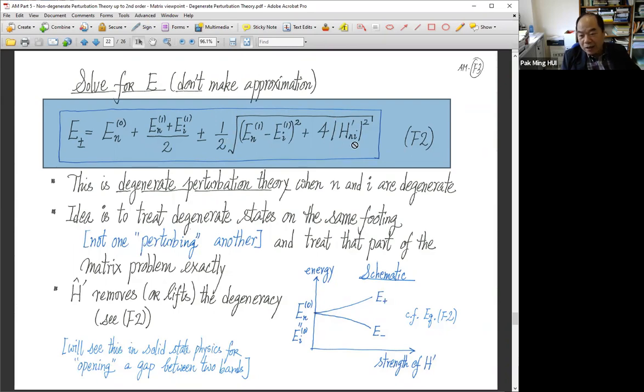Up to here, everything is general. That can be big, that can be small, that can be big, that can be small. All right? Get me?